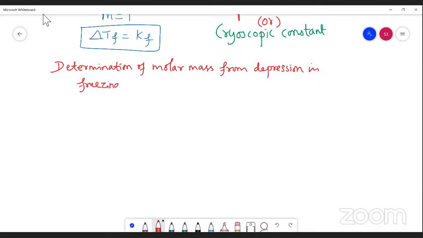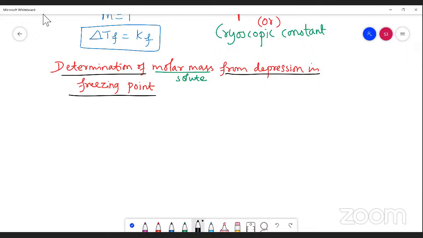I'm going to find the molar mass of the solute by taking into consideration the depression in freezing point. We already know del TF is nothing but Kf into concentration. Here I take M as molality, because it is a concentration term.